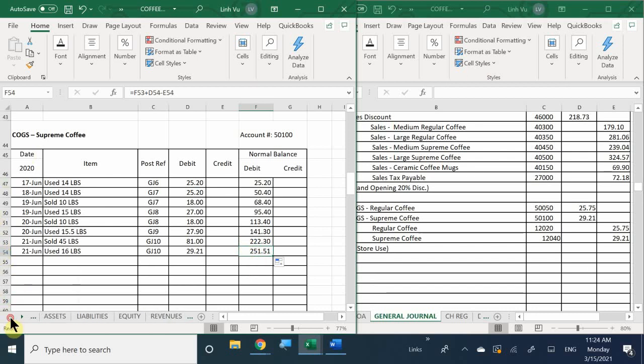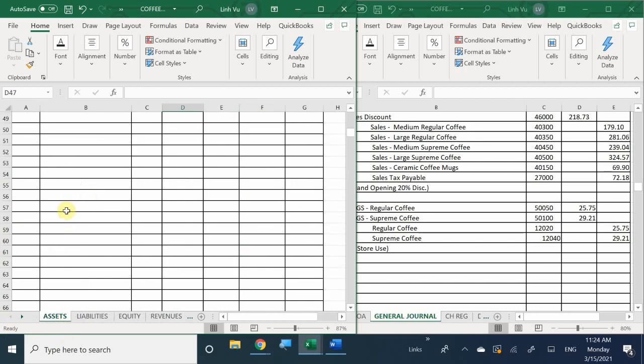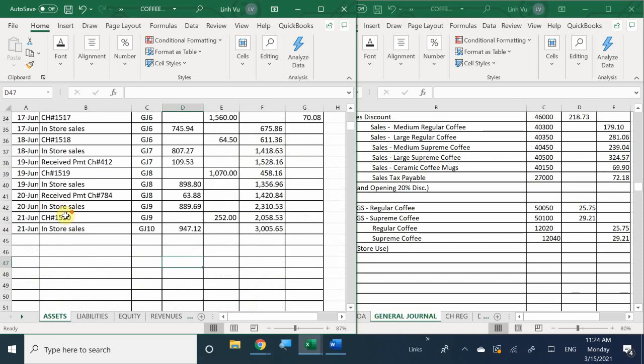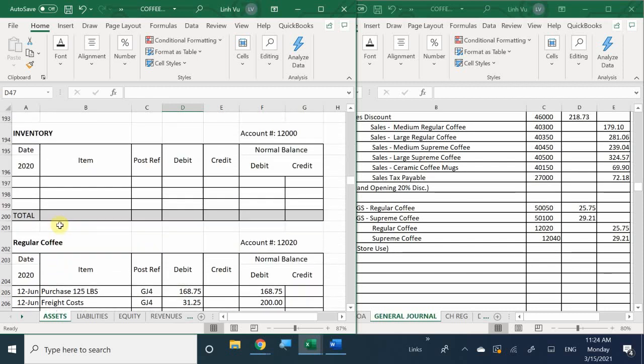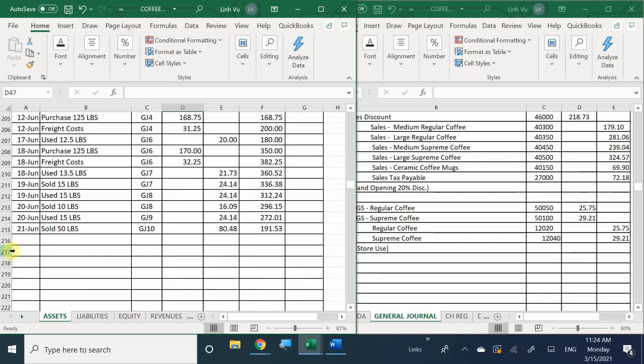Last but not least, let's go ahead and update our inventory. So under our assets, inventory, here we are for the regular coffee. Okay, so 621. We used, once again, 16 pounds LBS.